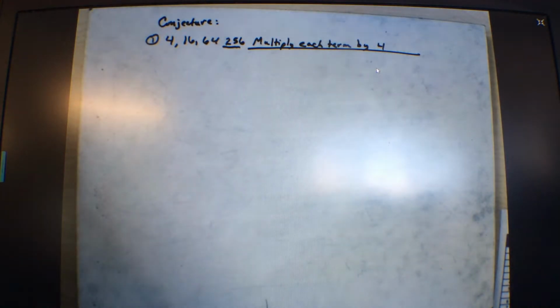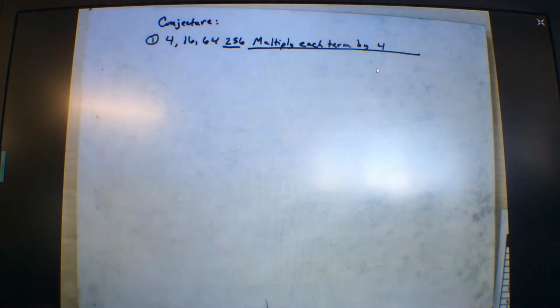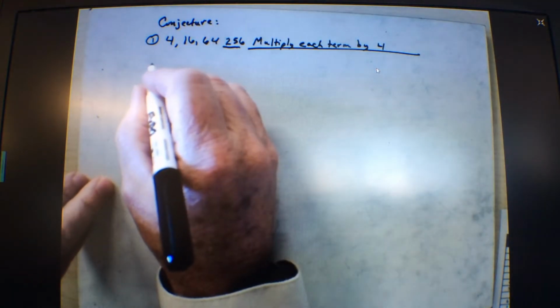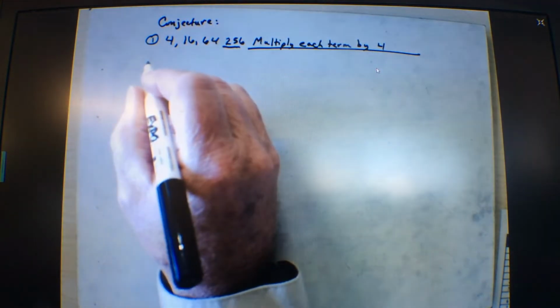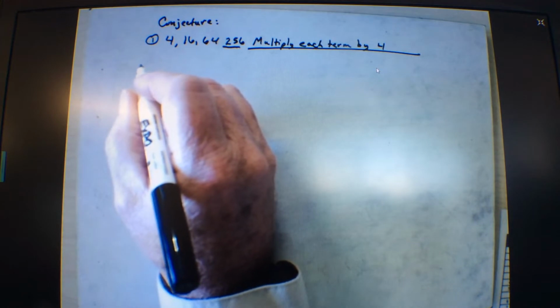And then conjectures can be true or false. Okay. So if I say, let's see if I can find one. I don't know if there are any in here.